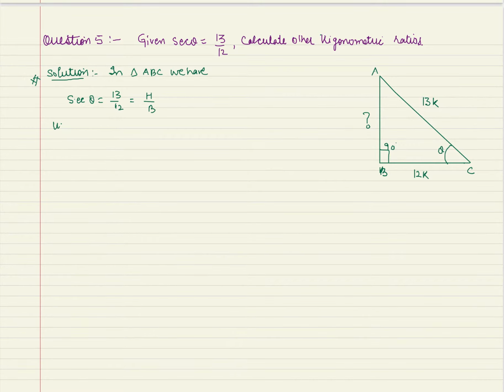So using Pythagoras theorem, we have hypotenuse square is equal to perpendicular square plus base square.